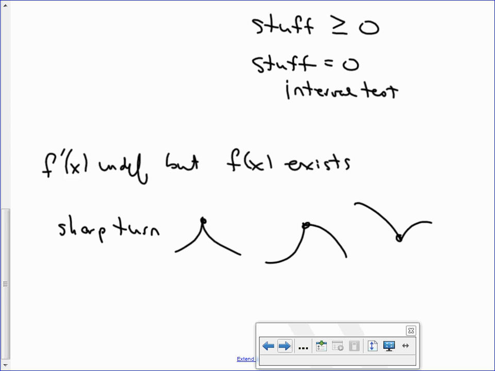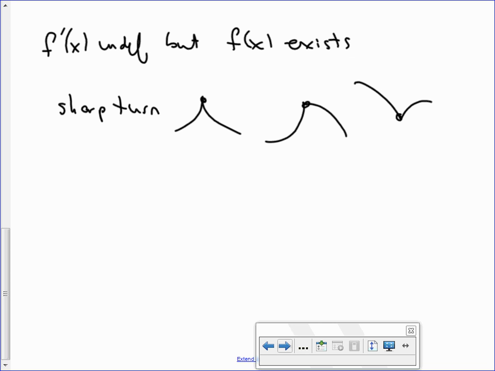So some sort of a sharp turn, or it could be a vertical tangent line. So if it's here, it might go up, get vertical just for an instant, and then come back around like this, or it might come down, come back around like this.